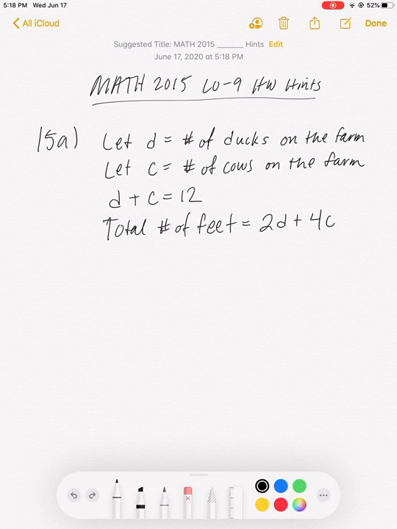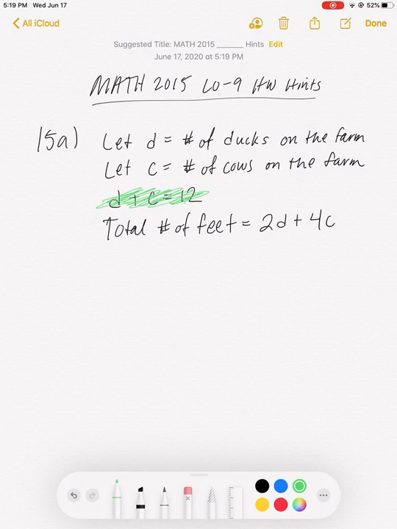Now, is there a possible way to have the expression with one variable instead of these two variables? If this piece of information wasn't here, if I didn't know that there's 12 animals on the farm, all I have to go off of is D and C for number of ducks and number of cows.